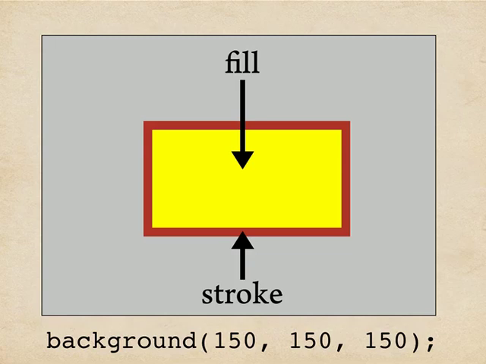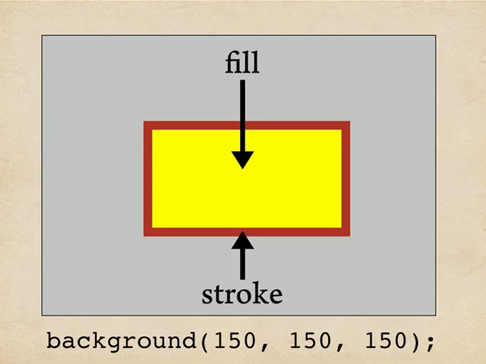If you type this line in exactly this way, the word background all in lowercase, open paren, red, green, blue, separated by commas, close paren, semicolon, you have done a perfect job of telling Processing, when it creates the graphics window, give it this RGB background color. In this case, all three values are the same, so we get a gray color.